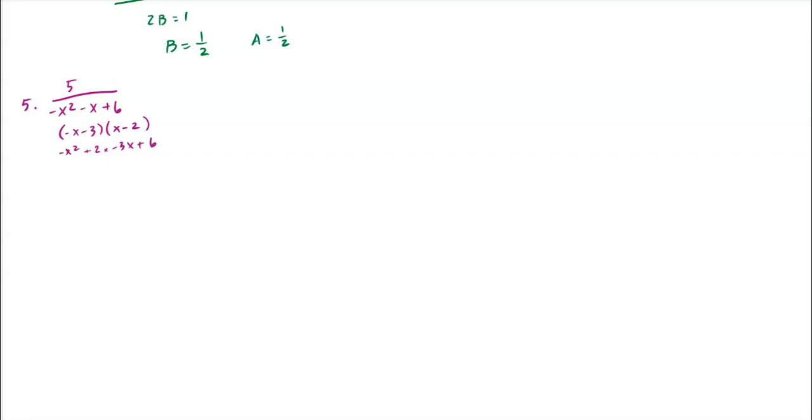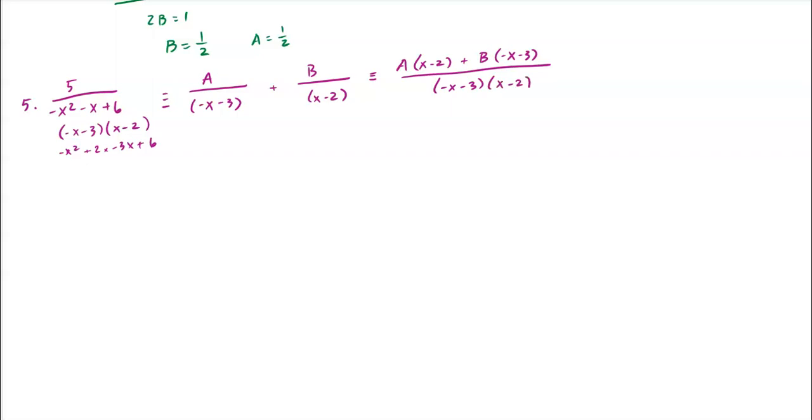Yep. Positive 2x minus 3x plus 6. And then we have an a over negative x minus 3 and a b over x minus 2, which equals a times x minus 2 plus b times negative x minus 3, over negative x minus 3 times x minus 2. Once again, we're going to take that 5 and have this entire numerator equal to it.